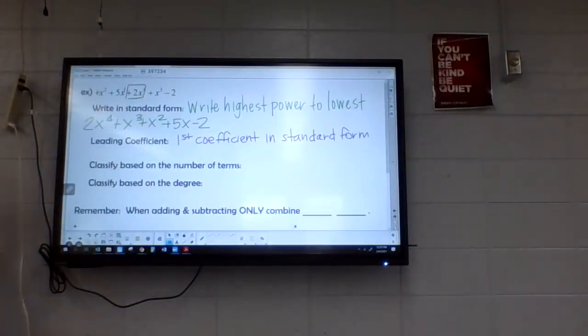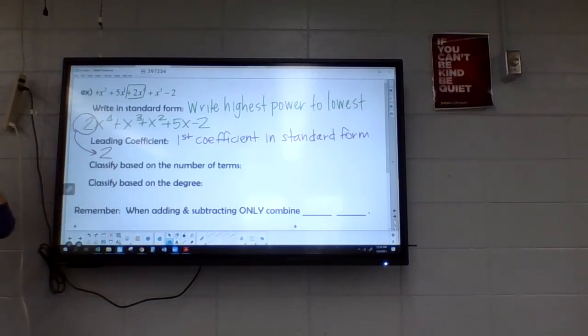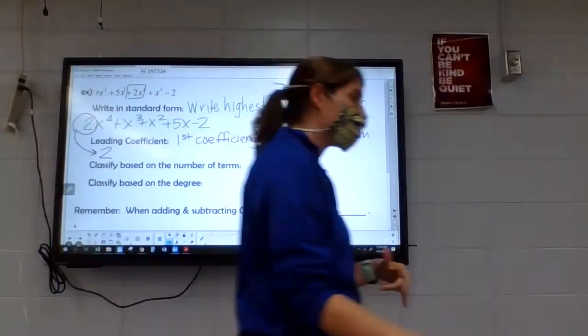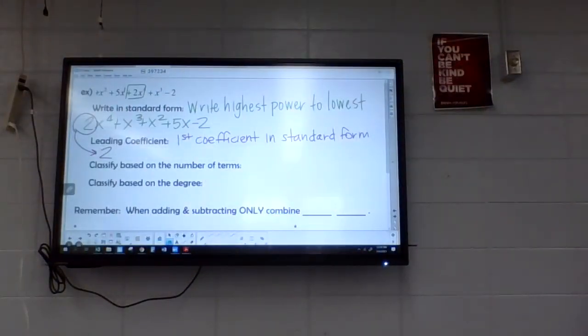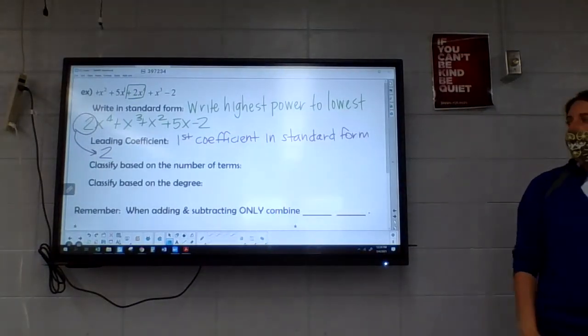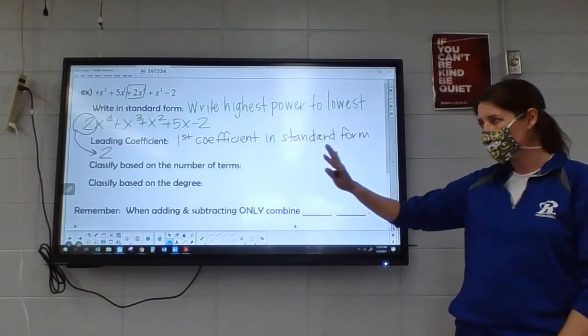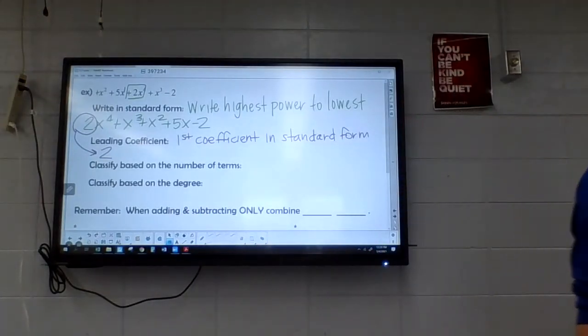So that's that first number in the front. So the leading coefficient would just be 2. Now this doesn't seem all that important right now. We'll use it later in this chapter, and it'll definitely be used further in your math career, your math high school taking days, whatever that means. You'll use it again, but we'll use it later this chapter. So figuring out what that leading coefficient is going to be helpful.